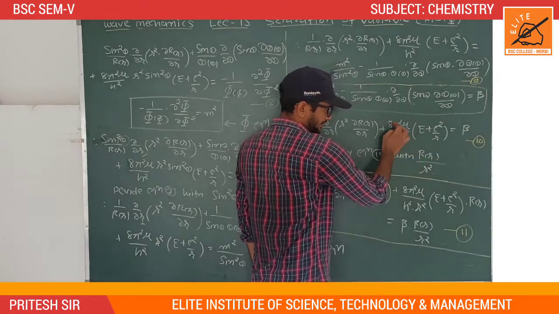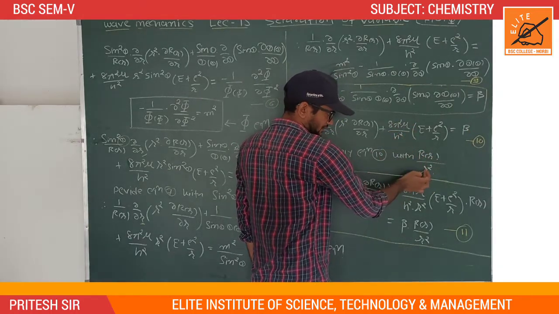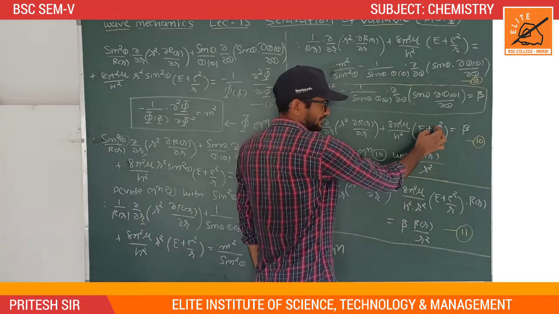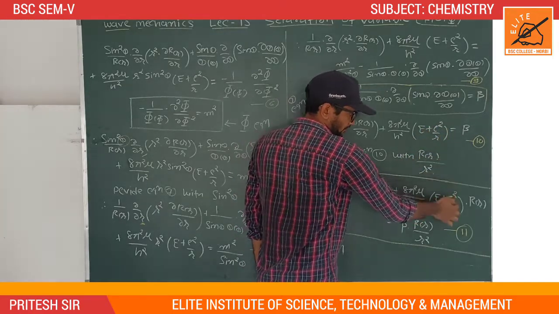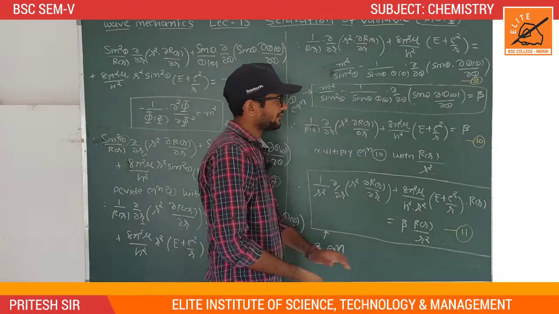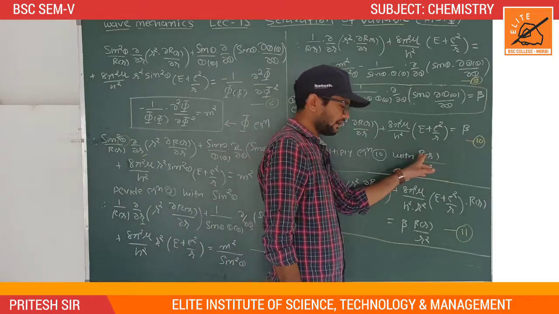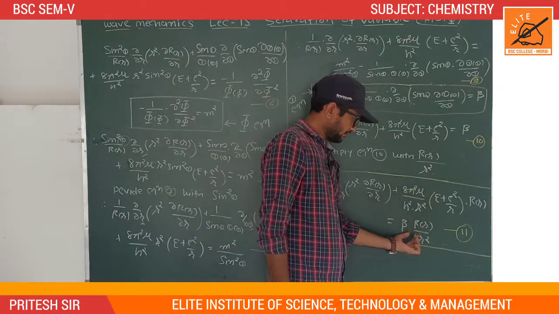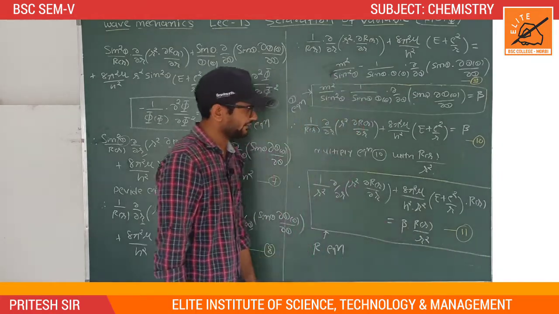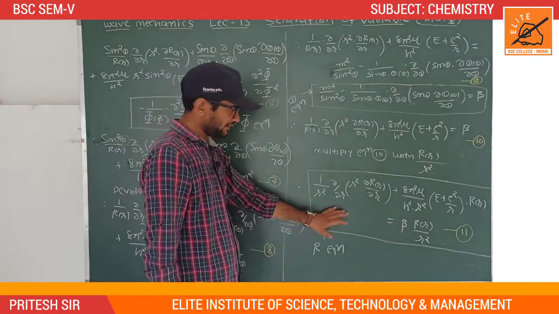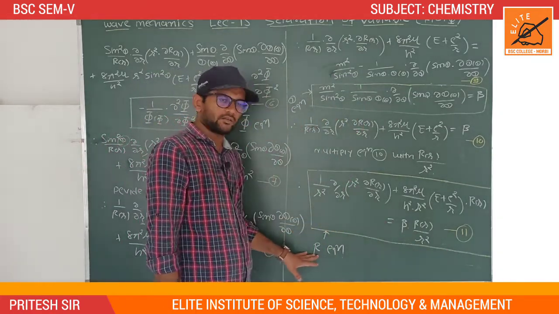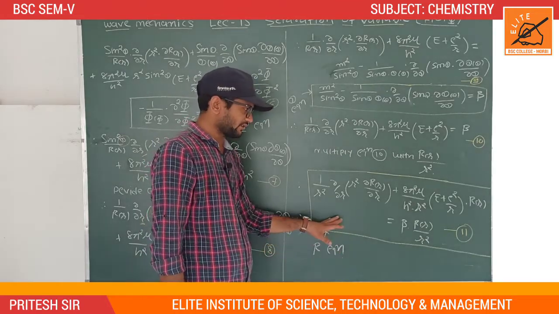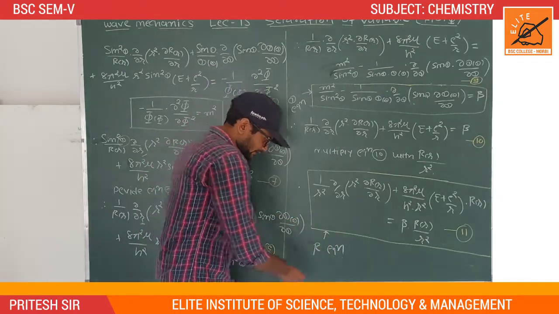It means 8 pi square mu upon h square upon r square and E plus e square upon r into R of r is equal to, on the right hand side, beta into R of r divided by r square. So this is equation number 11, and equation number 11 is called the r equation, or it is also known as the radial equation. So this is the third variable.